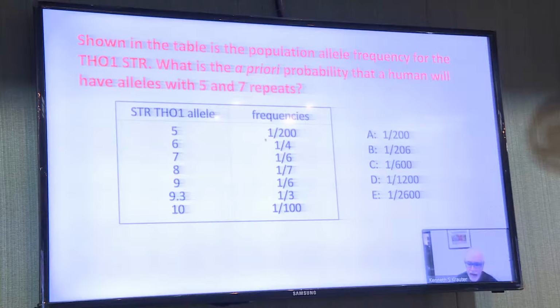This is the population frequency of those alleles. So 1 in 200 individuals in the population will have that allele, 1 in 4 will have that allele, etc. So if you found a person with 5 and 7 repeats, what probability would you expect in advance, without knowing anything else, to find a person with those 2 alleles in the general population?